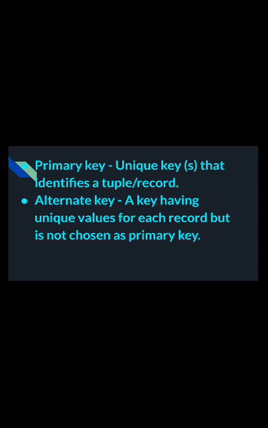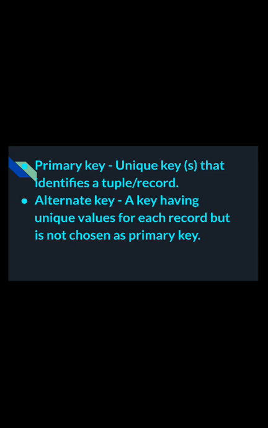Alternate key. Alternate key means there can be many keys that can actually become primary keys. So an alternate key is a key that can become a primary key but is not.